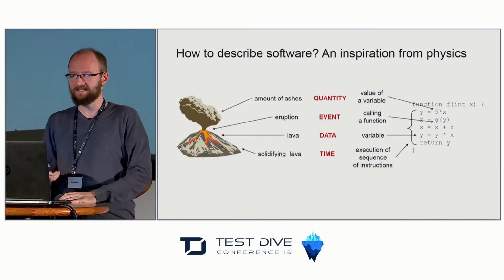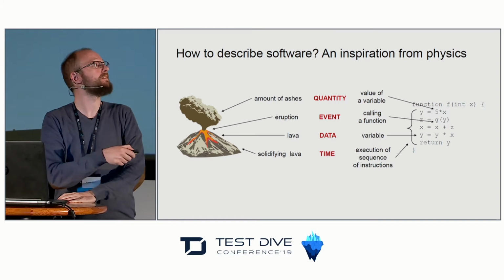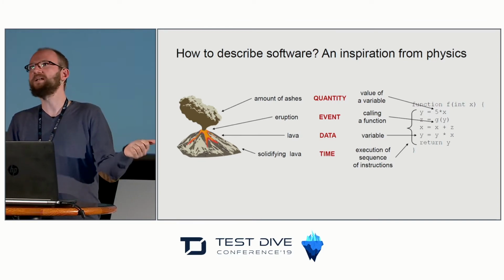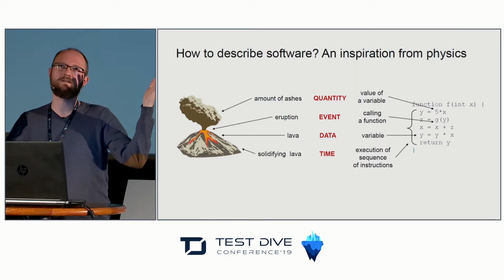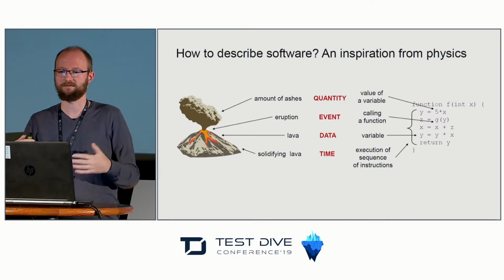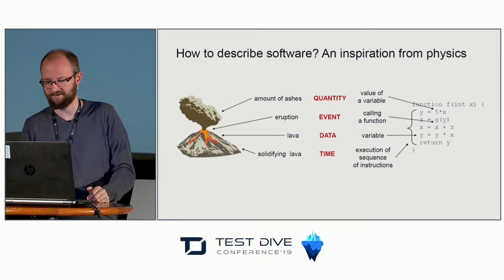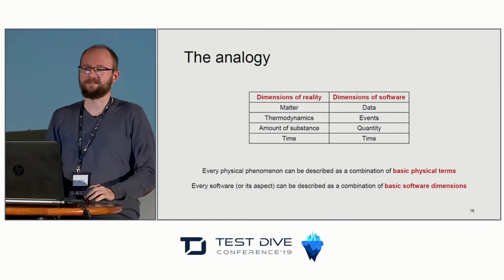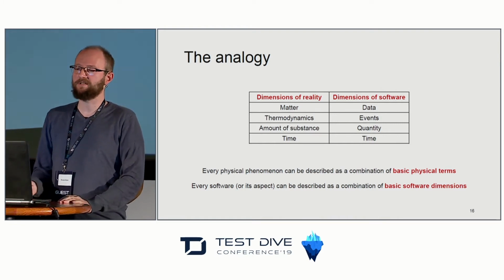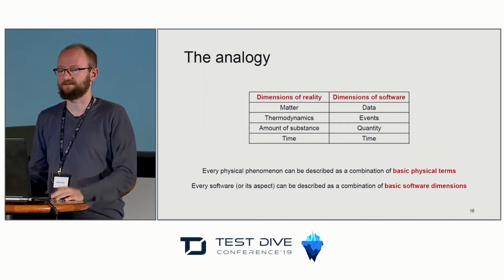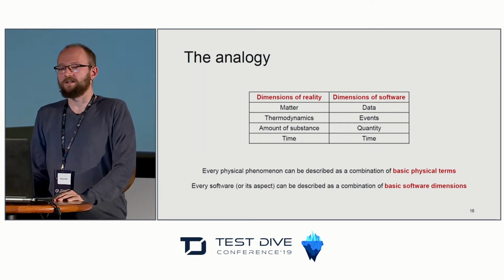So this data can be a variable, but this data can be an electronic impulse or a bit or something very high level, like, I don't know, some document which this application generates, for example. So this analogy is this. Data will be like matter, events will be like thermodynamics, quantity like the amount of substance, and time is just good old time.